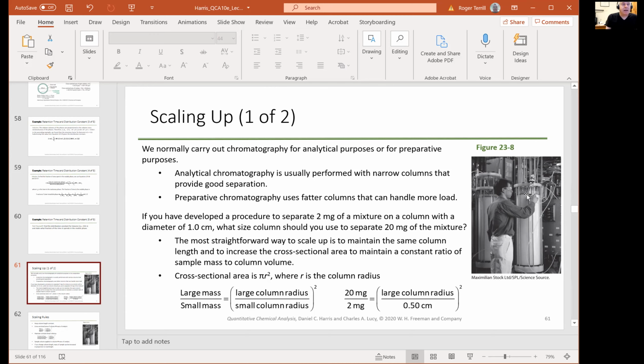But if it does, there will be technicians such as these, and they'll have huge HPLC columns. They're very fat, and they'll put in 100 milligrams or 250 milligrams at a time, maybe a gram at a time, and they'll separate them on a surface like this, and it's all proportional to R squared.